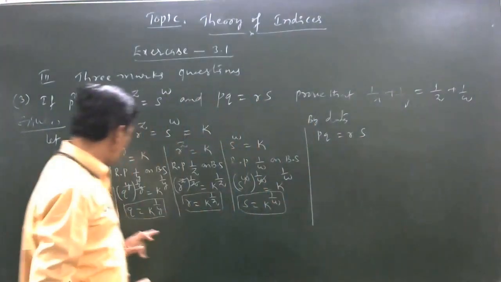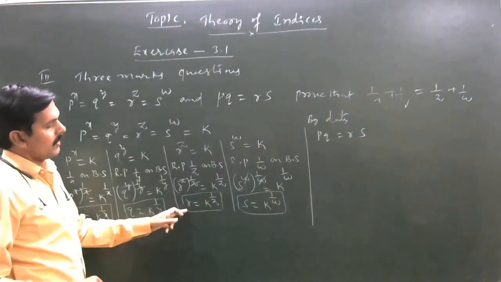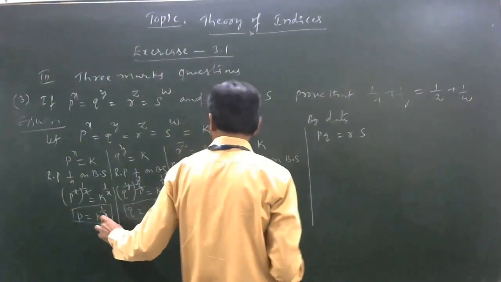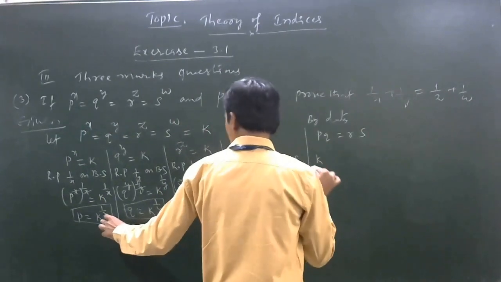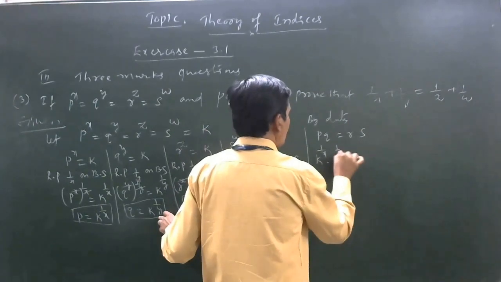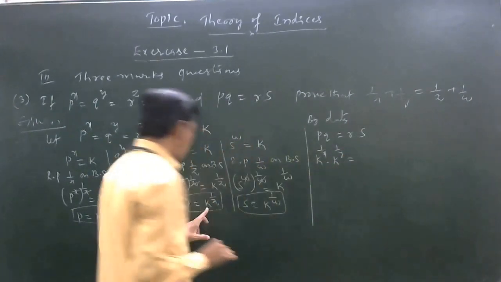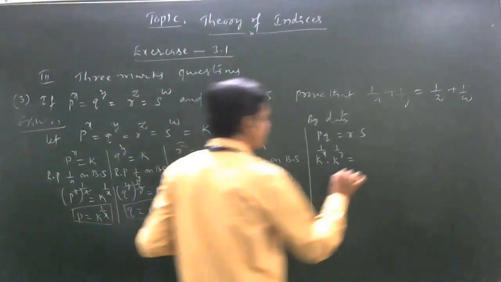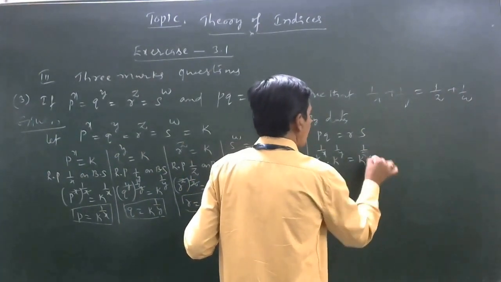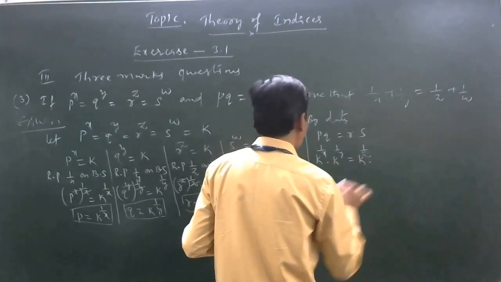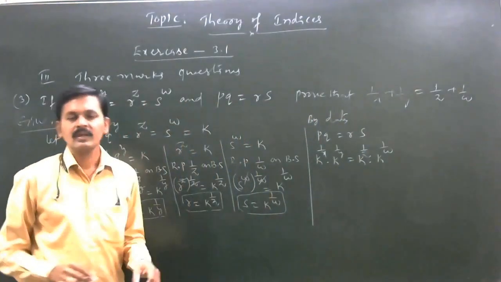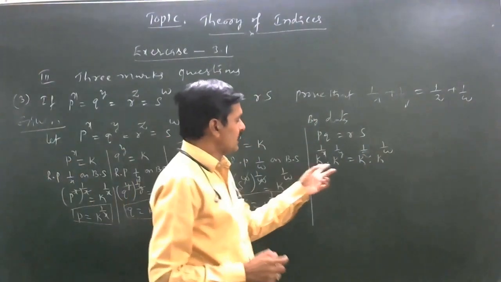In this equation, put the p, q, r and s values. The p value is k^(1/x), the q value is k^(1/y), the r value is k^(1/z), and the s value is k^(1/w).